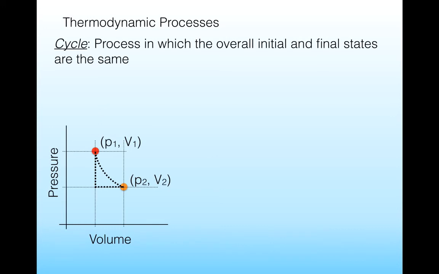Then we can use an isobaric process to move to P3, V3, and then back up via an isochoric process back up to P1, V1. In this case, the initial and final states of the system continue to be at the red dot, P1, V1. So T initial equals T final, P initial equals P final, V initial equals V final, and U initial equals U final.